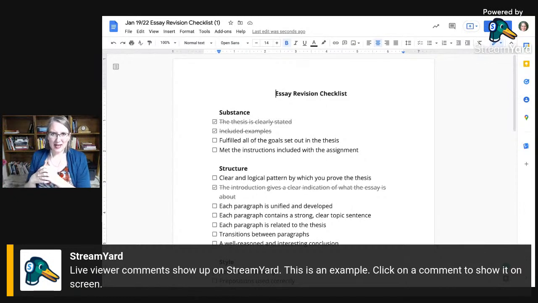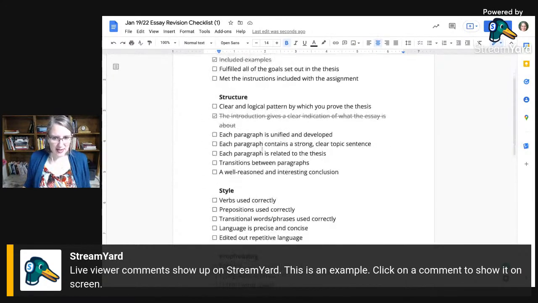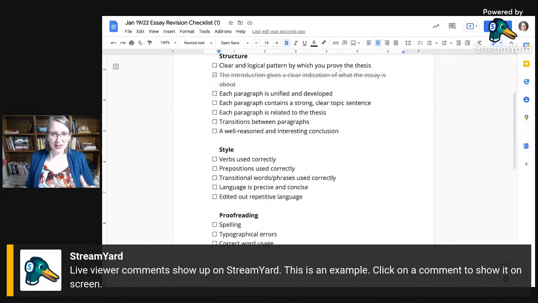And I expected that there would be something about letter writing. So we'll leave that. Clear and logical pattern. The first paragraph, great, related to the topic. The second paragraph, each paragraph is unified and developed. So let's say first paragraph. Yes.